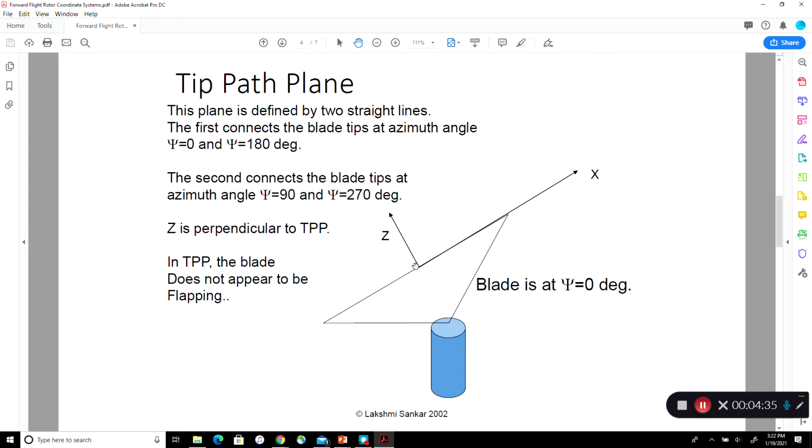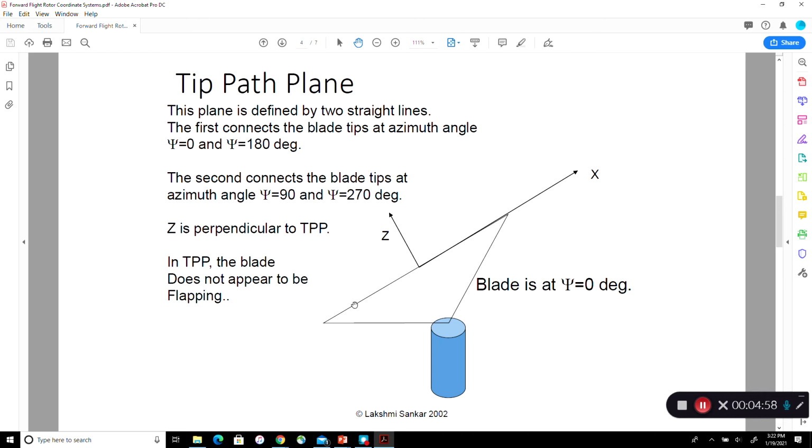So this is called the tip path plane. If the free stream is coming from left to right, the angle between the free stream and this tip path plane is called alpha tip path plane, or alpha sub TPP. What's so special about this coordinate system?